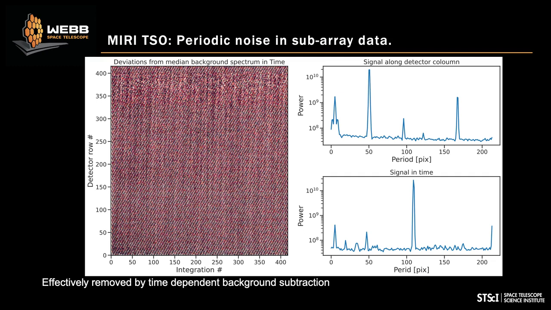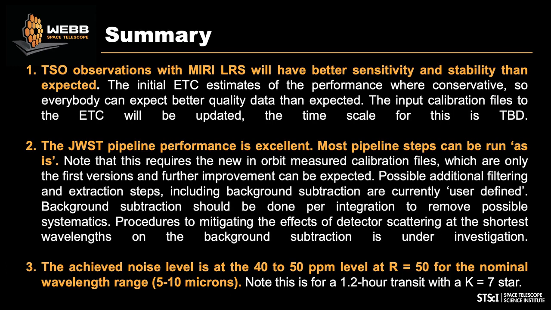Next slide, please. That brings me to the summary. We can clearly say that it performs extremely well, like the other instruments. We have a better sensitivity than the current ETC estimate, so we'll need to update this so the user will get better quality data.